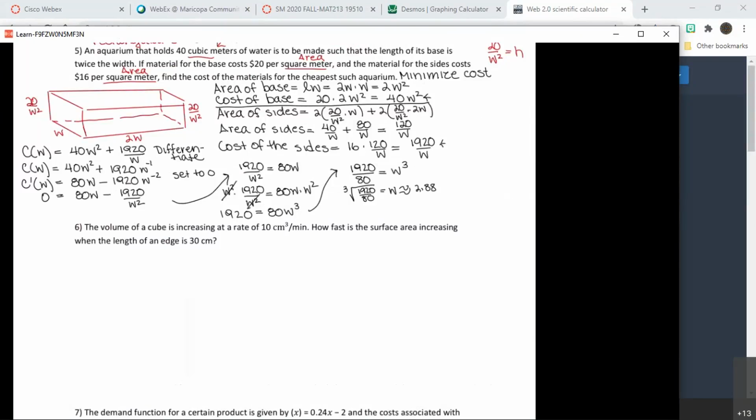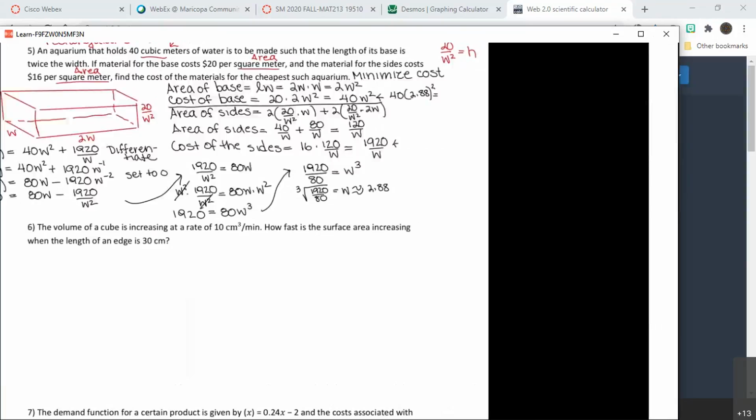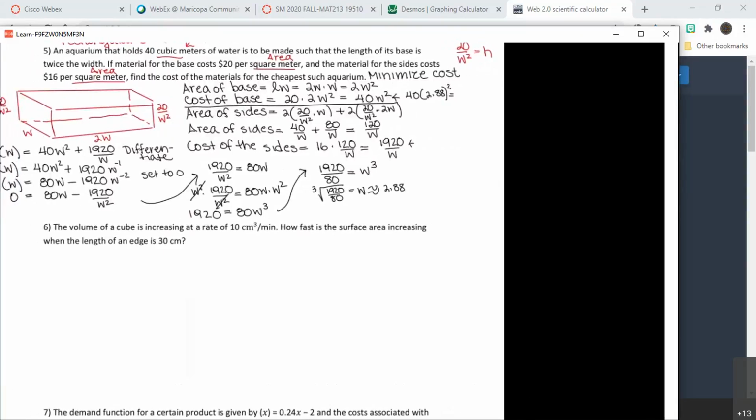So the cost for the base, I'm going to plug in my W here, 40 times 2.88 squared. Okay, and that's 331.78. Again, I did this on a calculator earlier.